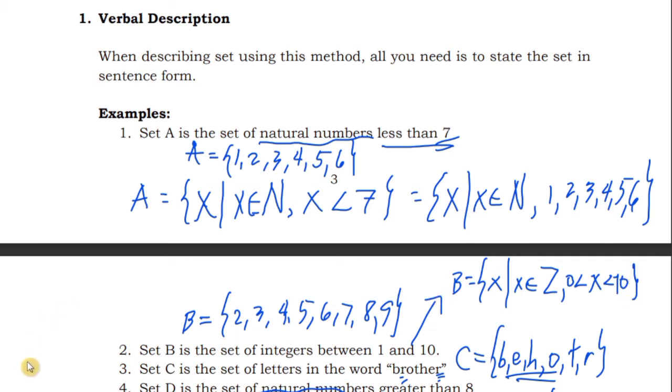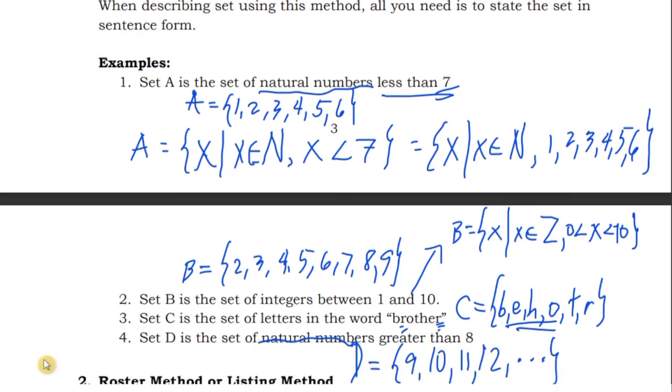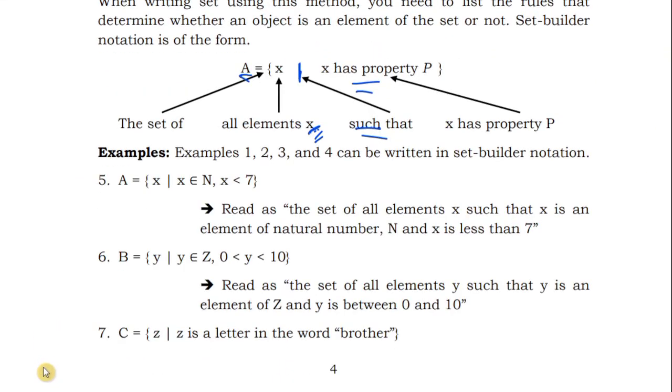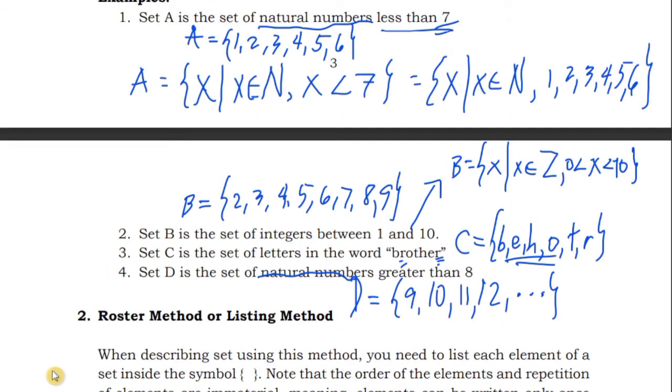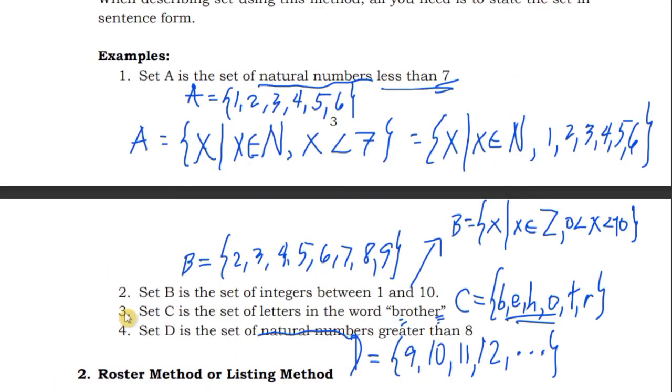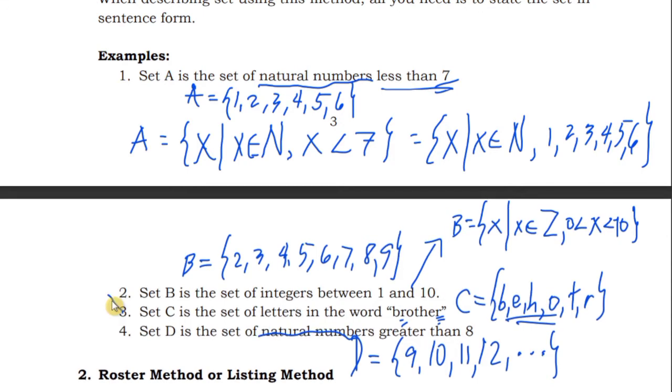Okay, then the other one around is the set of letters. So let's check first how to write everything. Okay, so that's it. There are so many ways on how to write everything. So from number 3 here, we have C is the set of letters.